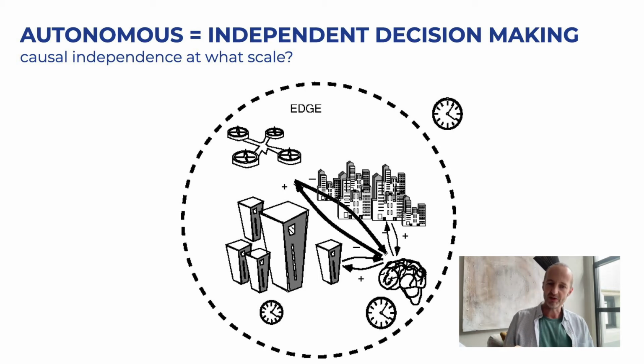They can operate independently from another group of buildings. So we can always draw a ring around a particular region of space and time and call this an autonomous agent. So the question then becomes, at what scale in space and time do we want to claim autonomy or independence?